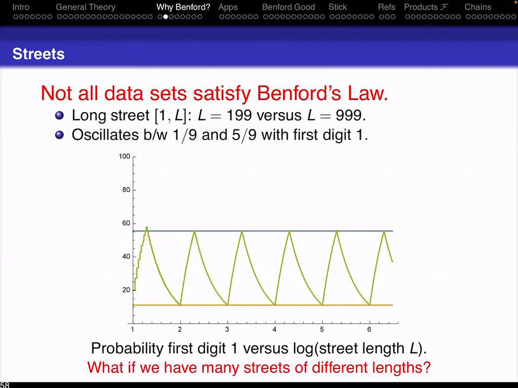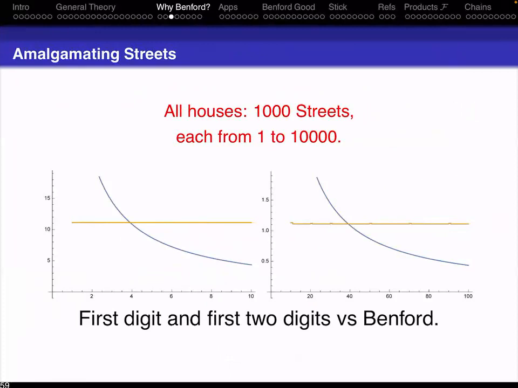Typically, the more you amalgamate, the more things get smoothed out. And so imagine, let's do it very simply. We have 1,000 streets. Each street is from 1 to 10,000. And we just pull houses from that. Well, if we do that, we're going to just get the uniform distribution.